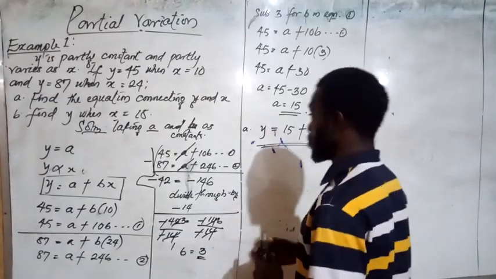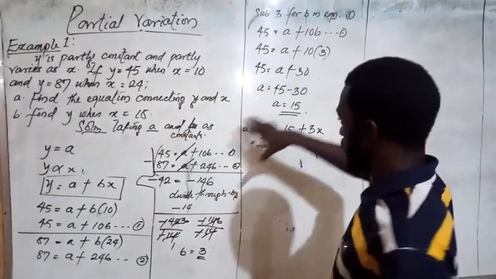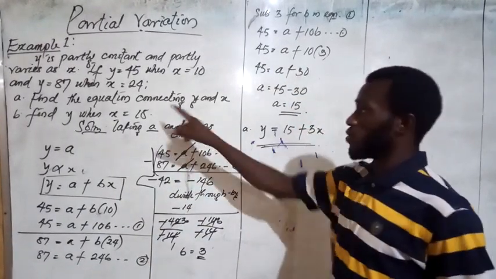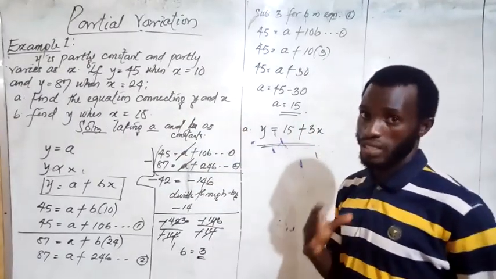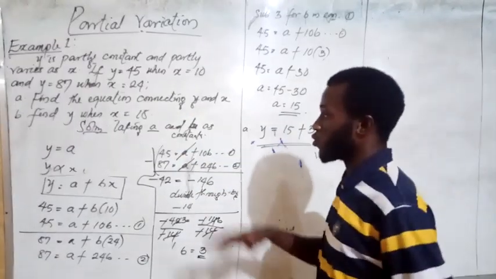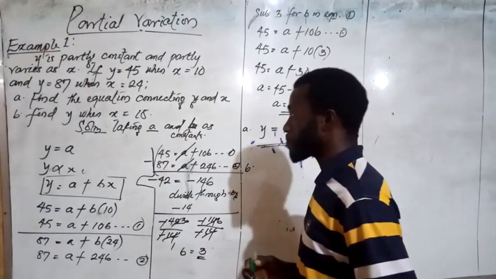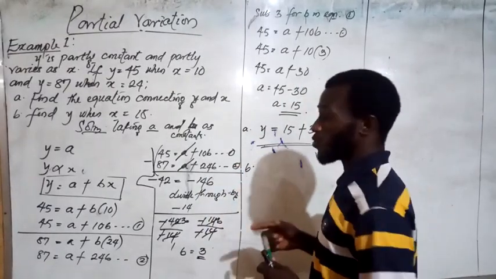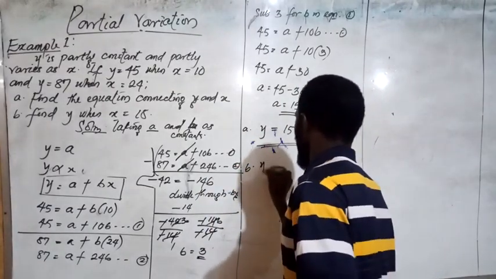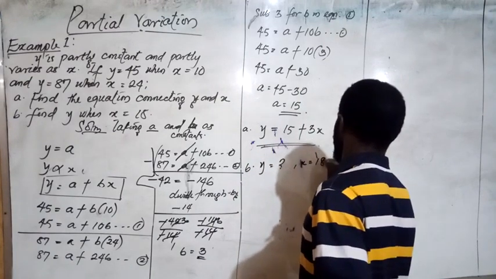Now let's answer question B. Notice, you have to first find the constants using all of these processes before you are able to determine the equation connecting the variables. The second question says find y when x is 18. According to this equation, y is unknown now, but x is known to be 18.